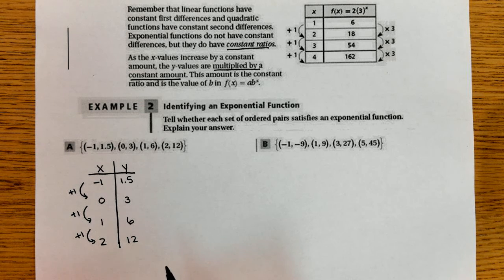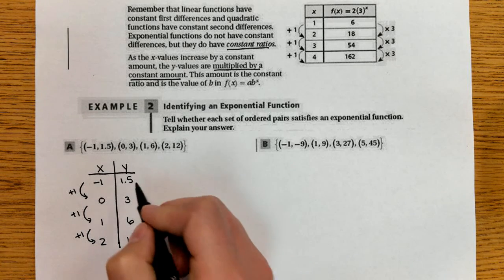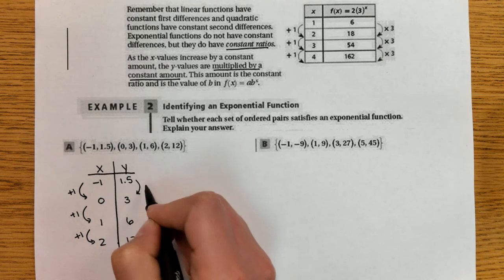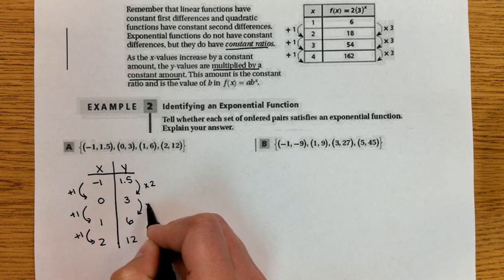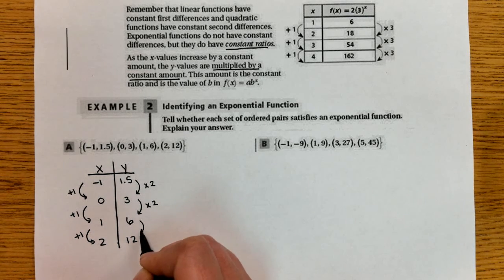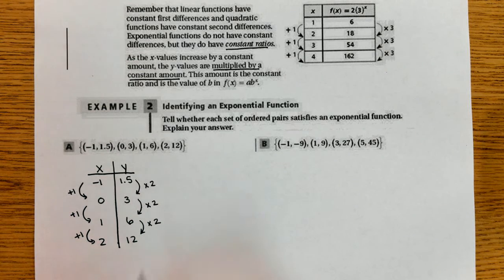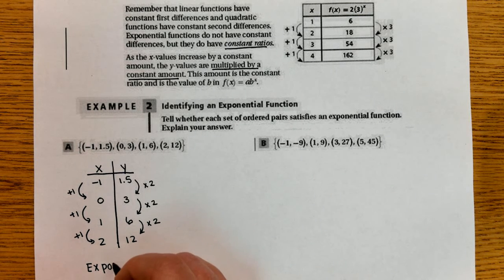And then for y, I have to figure out what's going on. For exponential, remember, you should be multiplying. To go from 1.5 to 3, I multiply by 2. 3 to 6, multiply by 2. 6 to 12, I multiply by 2. So this is an exponential function.